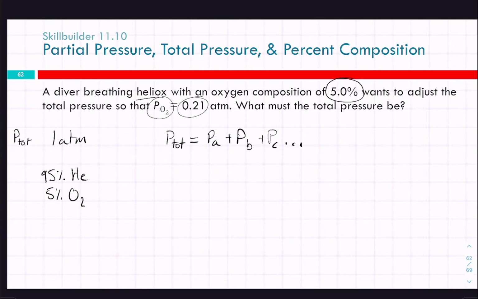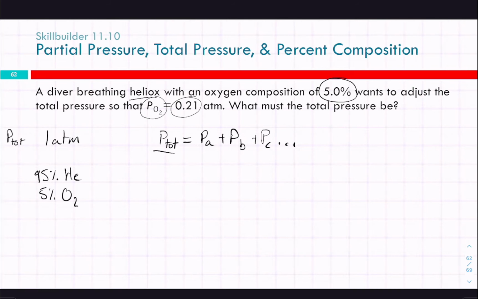We don't know what P total is, so you could just assume 1 atmosphere and say this is now 0.95 atmospheres helium plus 0.05 atmospheres oxygen. You could kind of do some guesswork there.